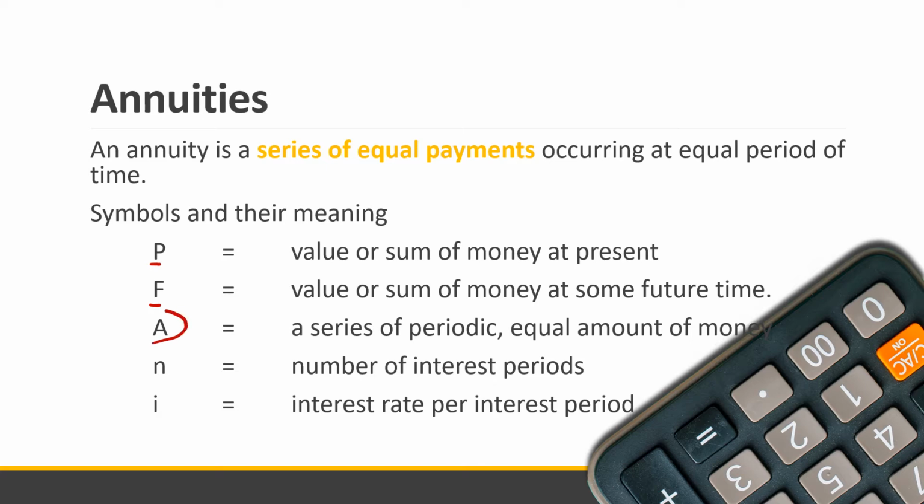The new term here is the letter A. It is a series of periodic, equal amounts of money. So yung binabayaran mo equally at a series of periodic times, kumbaga yung installment na binabayaran mo every month or every year. And of course, N is the number of interest periods, and I is the interest per interest period.